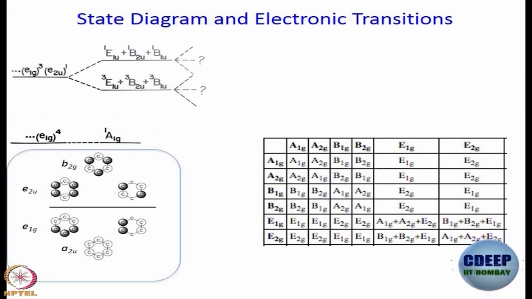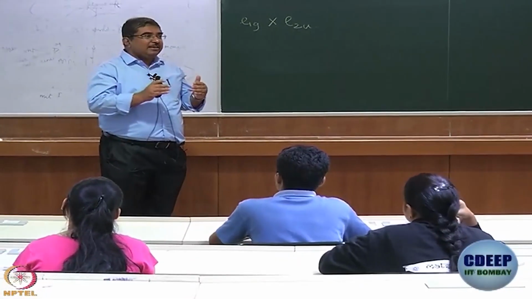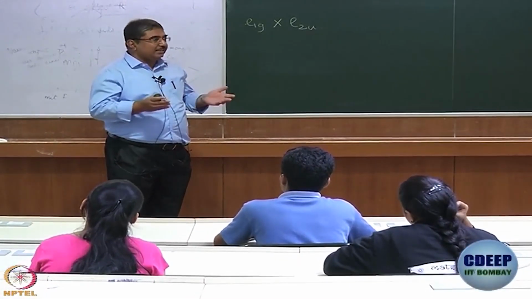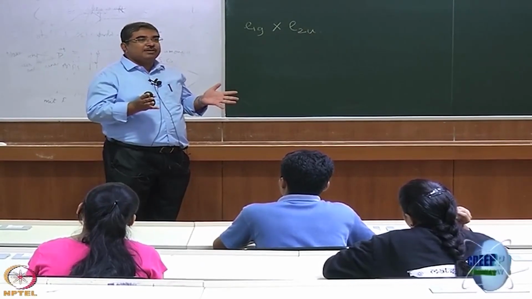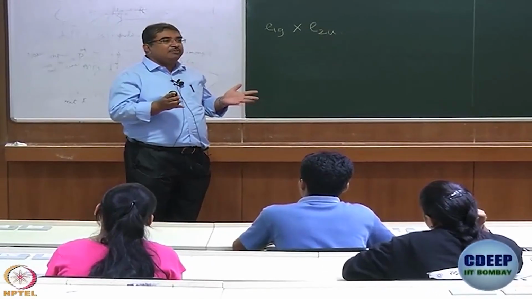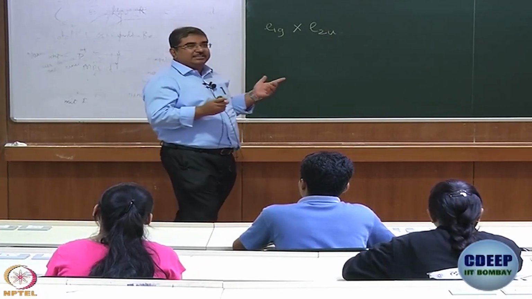And the reason why we have these dashed lines and question mark is that we are working under the approximation that whatever state we generate, that is the state we work with, that is not necessary. I do not know if you have studied configuration interaction in CH 4 to 5. Maybe not. That is taught in CH 560.